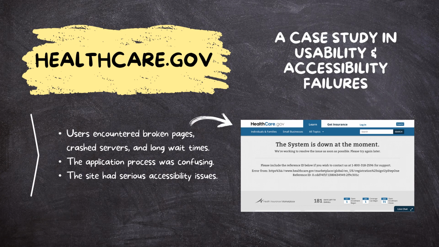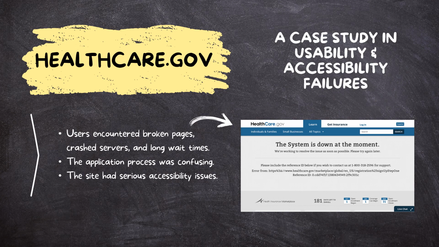Over 8 million people attempted to enroll at around the same time, but the site just couldn't handle that kind of demand. So that was one thing that wasn't tested well, which allowed for a bad user experience.